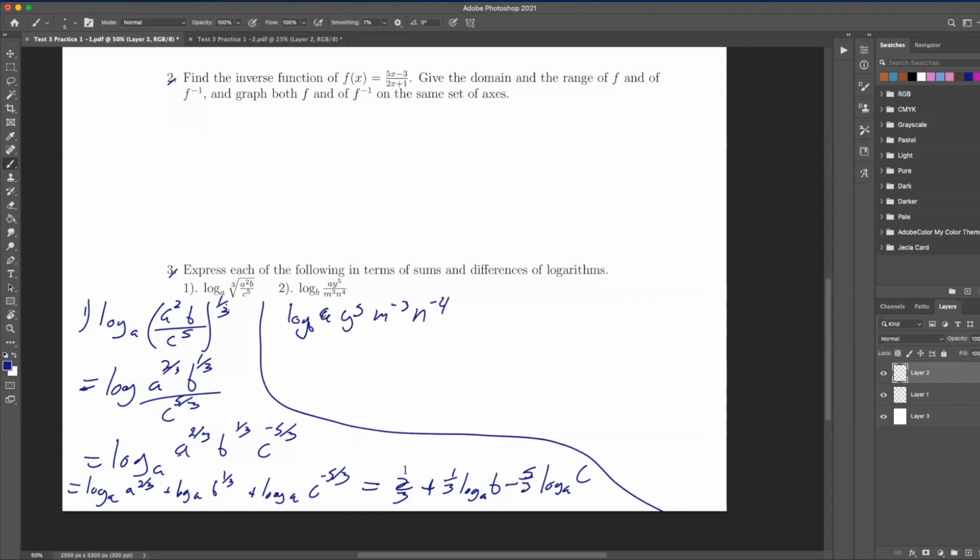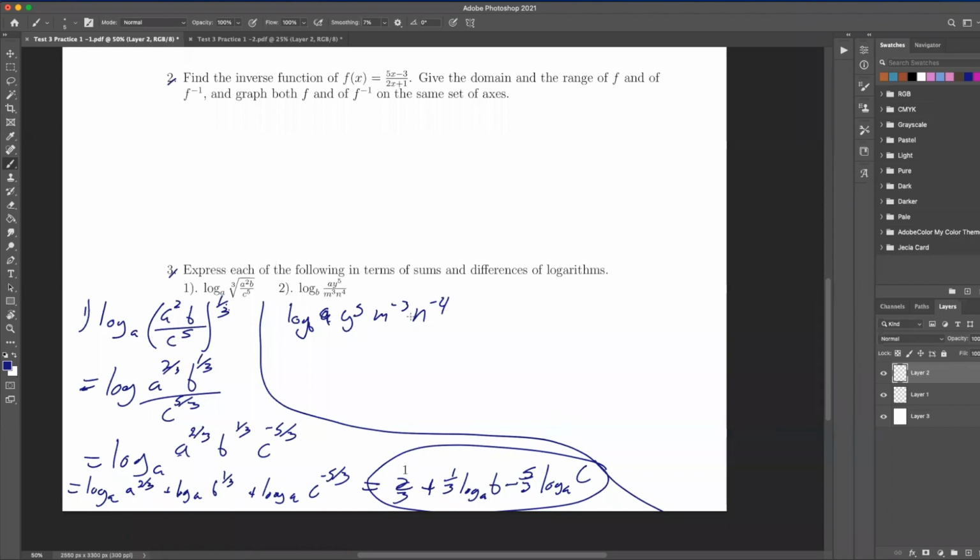Base b, sorry. So the whole thing right here is the answer. The point of this is actually to expand it out, make it longer, just to see if you remember the rules, because you need the rules to solve problems.